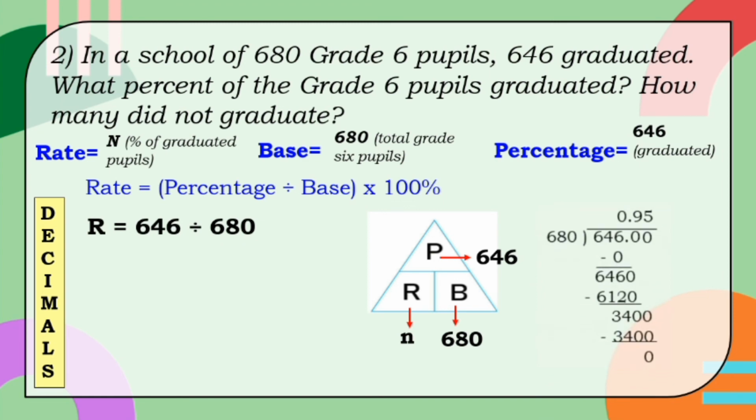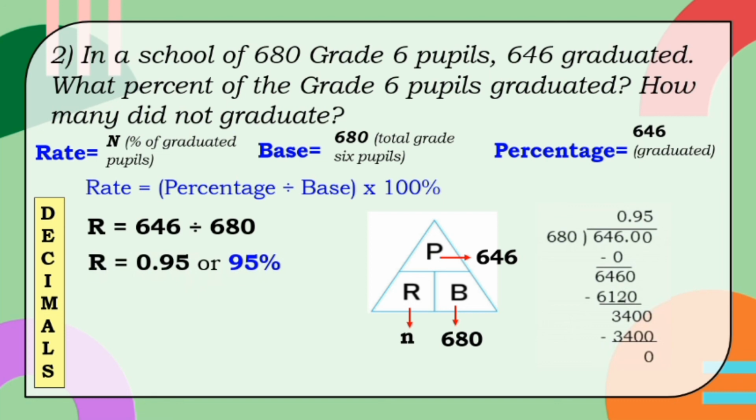Using long division method, 646 divided by 680, the quotient is 95 hundredths or 0.95. R equals 0.95. No need to multiply by 100%. Just move the decimal point 2 places to the right, magiging 95%.